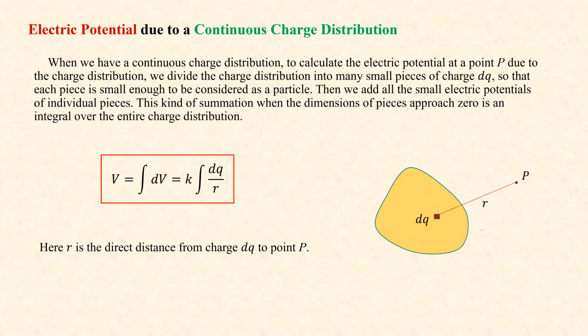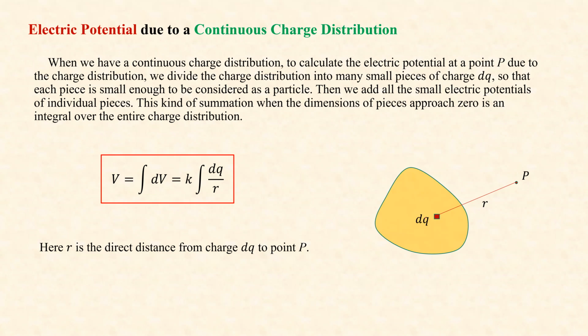All right, what if you have a charge distribution like this, a continuous charge distribution, not a collection of points? For this, we take a small piece of that, small enough so that at point P, it looks like a small charged particle at distance r.